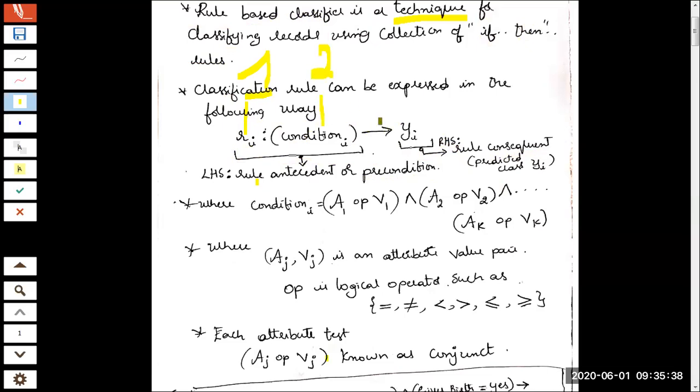And the third component, followed by an arrow mark, is the class. So this rule will help me decide to which class the record belongs. The same was done in decision tree, please remember. Here also we are doing the same thing but in a different way. That's it.